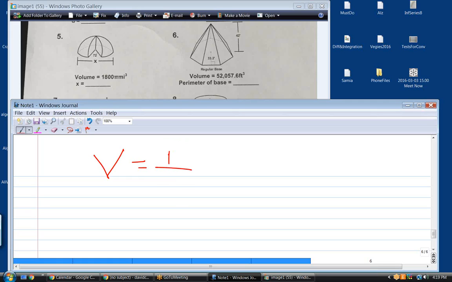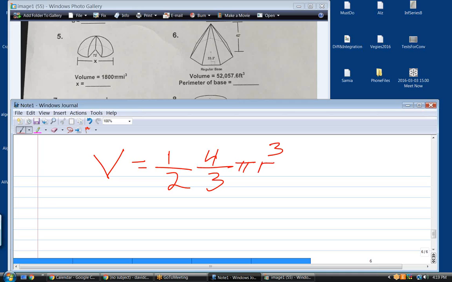What's the formula for the volume of a hemisphere? 1/2 3/4 pi r cubed. Always 4/3. Never 3/4. Okay, the volume of a sphere is 4/3 pi r cubed. So the volume of a hemisphere is half of that.